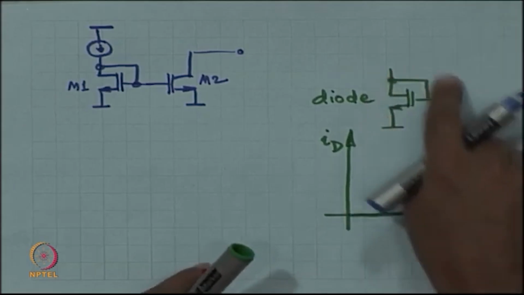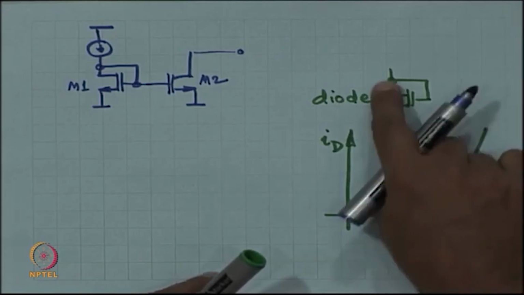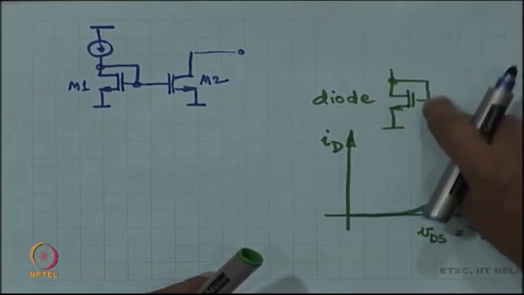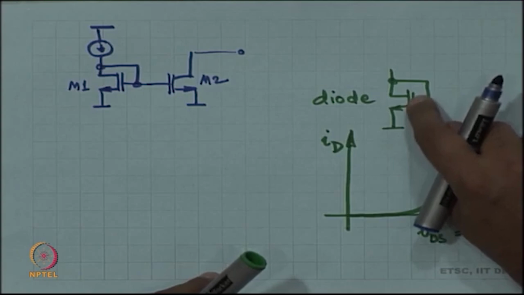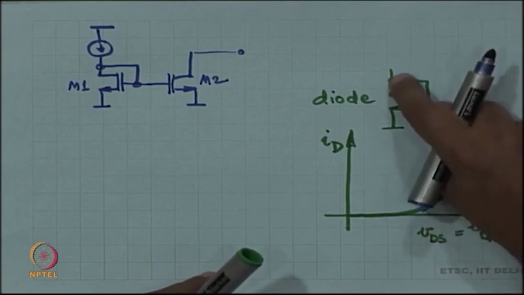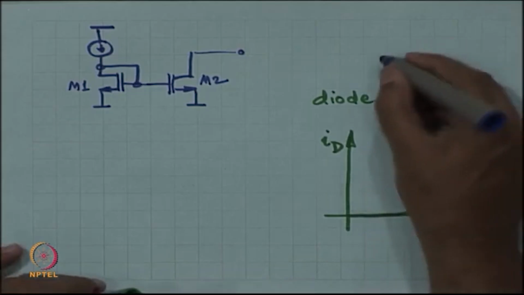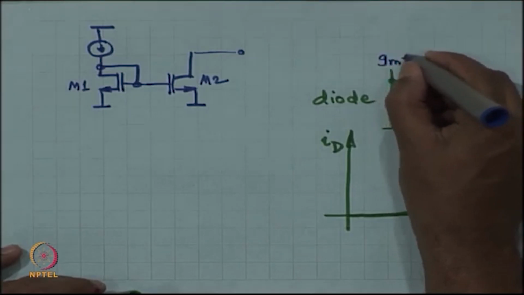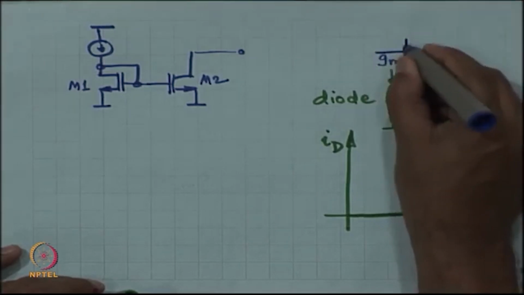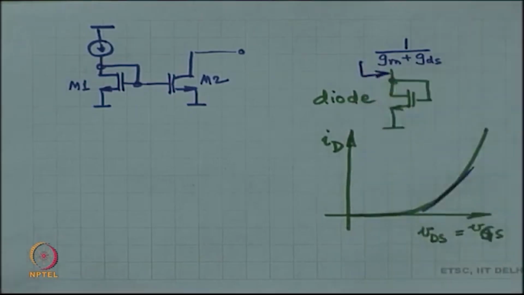If you look at the small signal equivalent picture of this, you will see that it is not just GM, there is GM because of the voltage controlled current source, there is also GDS because of the resistor. So, the effective conductance looking into the drain or gate terminal is GM plus GDS. Okay.